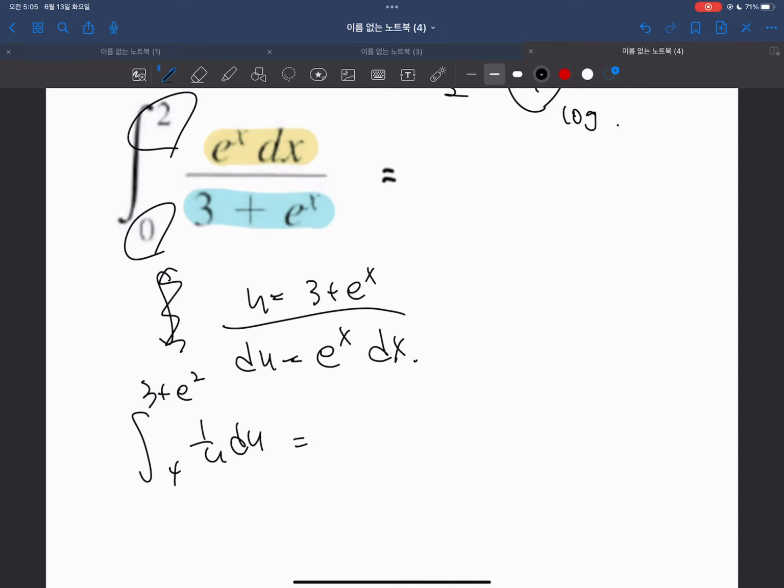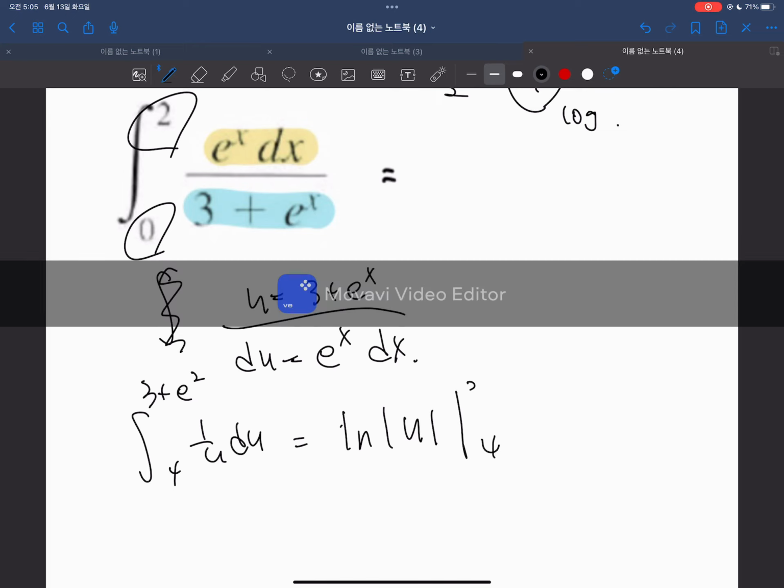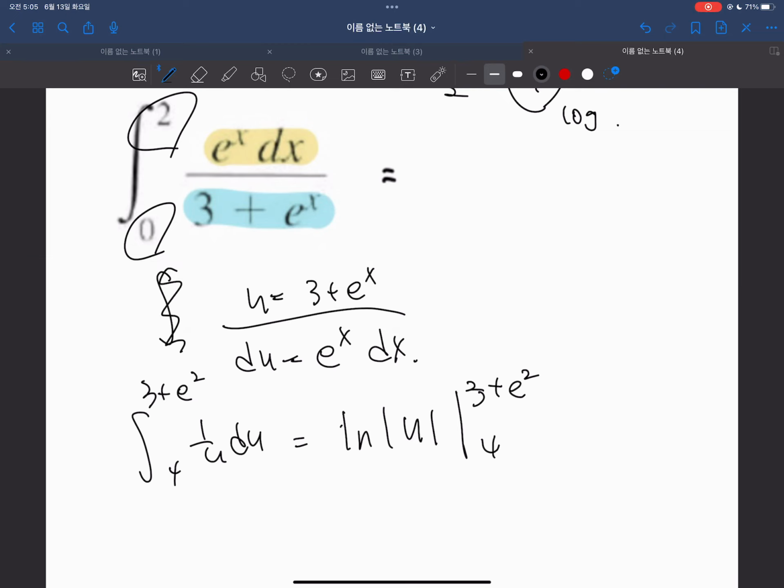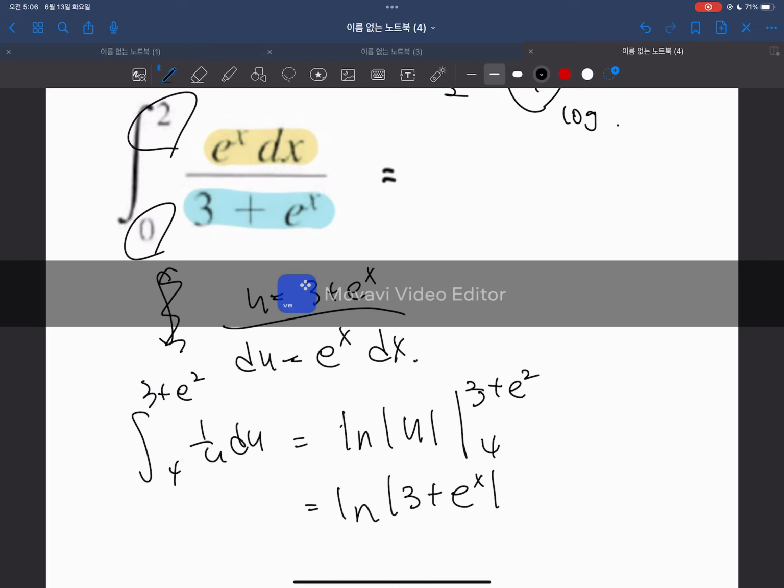When we solve this equation, we'll get ln of the absolute value of u, with limits of 4 and 3 plus e to the power of 2. And then when we plug in u again, we'll get ln of the absolute value of 3 plus e to the power of x, and then the limits will be changed again, 0 to 2.